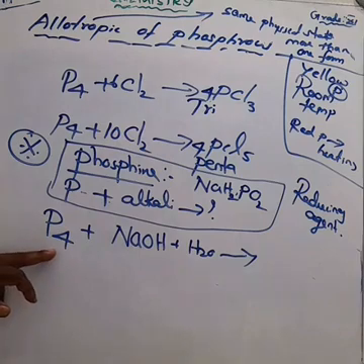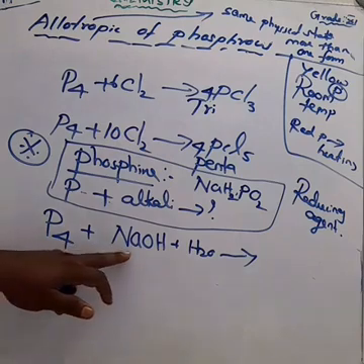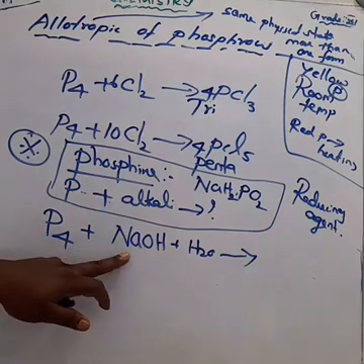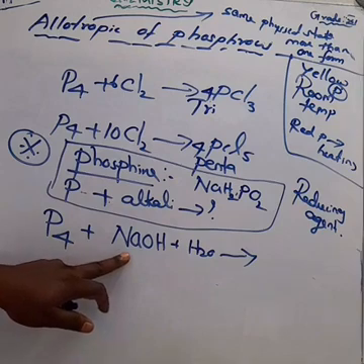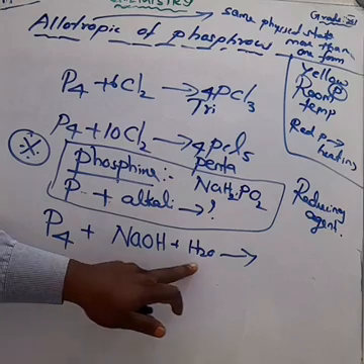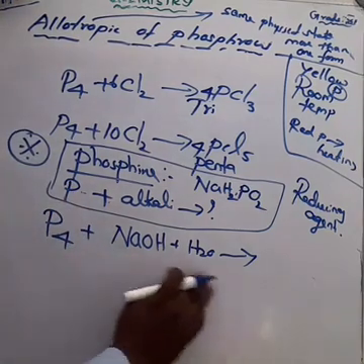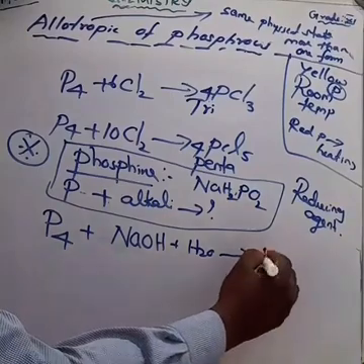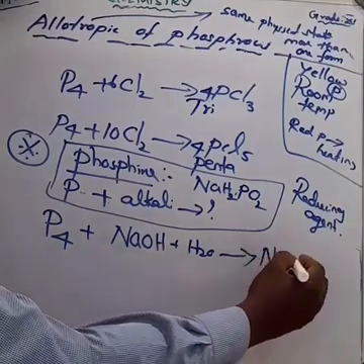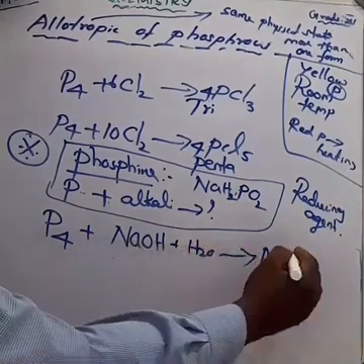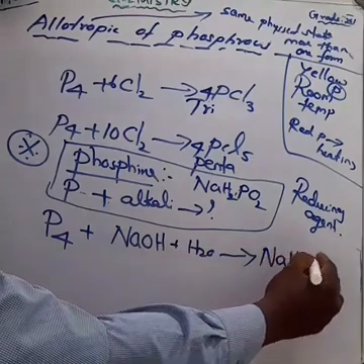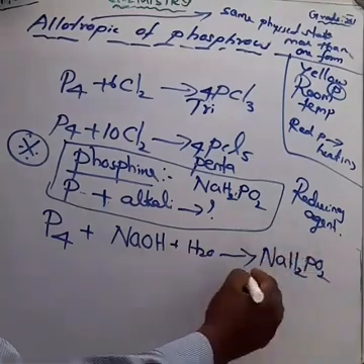Phosphorus P4 reacts with alkali, meaning we are taking sodium hydroxide, NaOH alkali solution, plus water molecules. The first product can be written as sodium hypophosphite. What is the formula here?